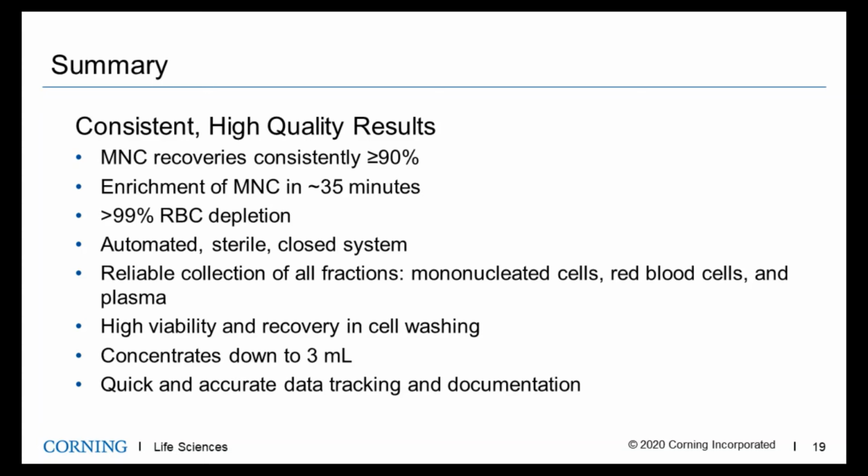A really important thing to highlight, the power of this system, is its ability to deplete red blood cells. We consistently see red blood cell depletion in greater than 99% without the need for an additional lysis step of any kind.